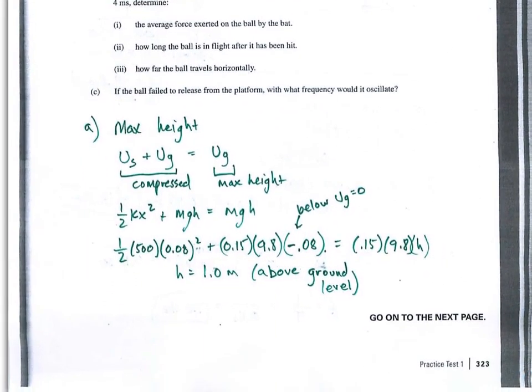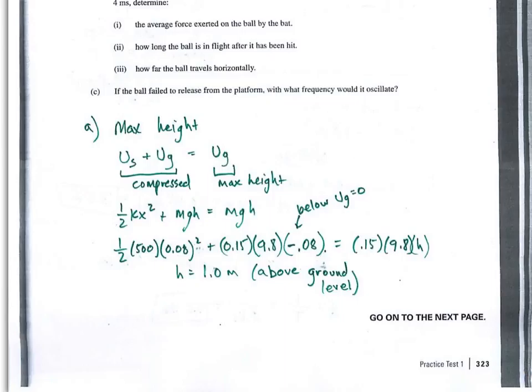So maximum height, so initially we have the spring compression, so potential in the spring plus gravitational potential, and that's ultimately equal to the final energy, which is all gravitational potential. So we have 1/2 kx squared. The k is the spring constant times the compression of the spring. It's squared anyway, so it doesn't matter if it's compressed or stretched, 0.08 meters squared.